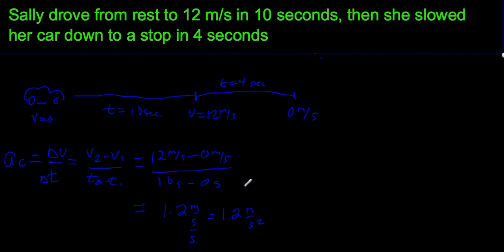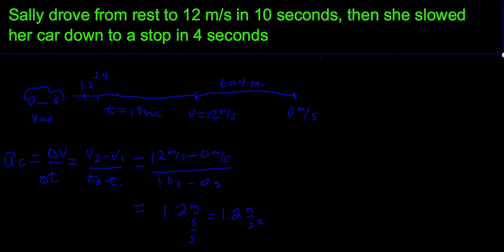Now, what does that mean? For every second that Sally was driving, her speed gradually increased. So she might have been going 0 here, somewhere here she might have been going 1.2, then 2.4, and then I'm not going to write the numbers, it's getting really crowded, but you just add another 1.2 on there, so 3.6, and gradually her speed will increase every second until she gets to 12 meters per second.